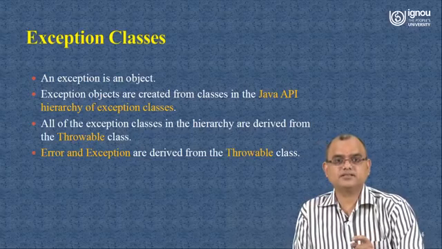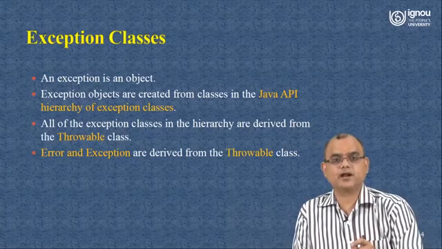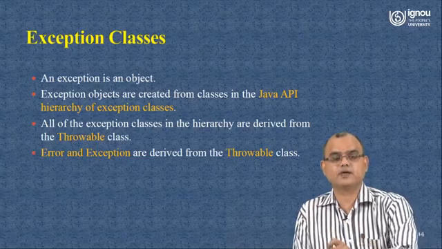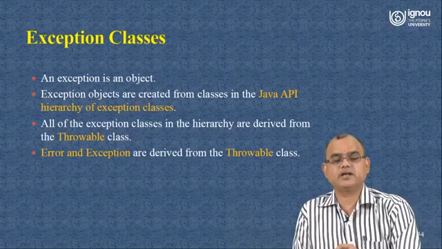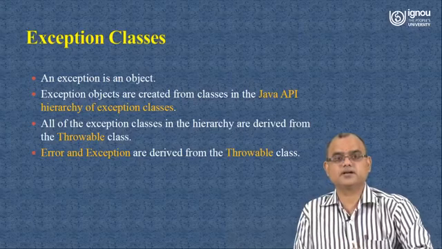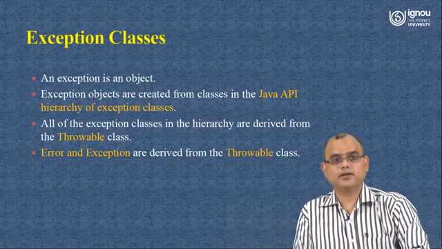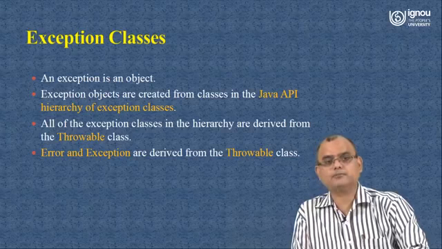So an exception is an object, and it has its own hierarchy. All the exception classes in the hierarchy are derived from Throwable; errors and exceptions both are derived from Throwable.